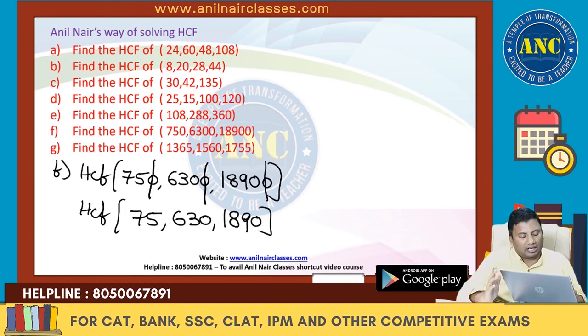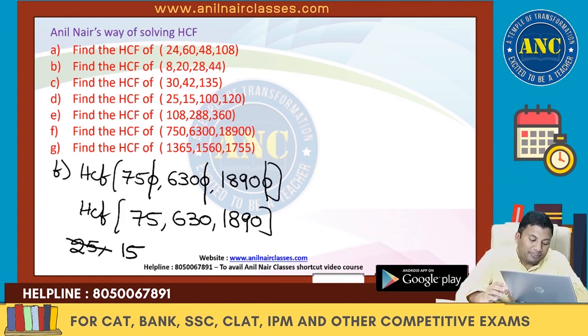What are the factors of 75? 25 is one factor of 75. 25 3s are 75. 25 2s are 500, not possible. Next is 15. 15 5s are 75. 15 42s are 630. 15 1s are 15, 15 2s are 30, 15 6s are 90.